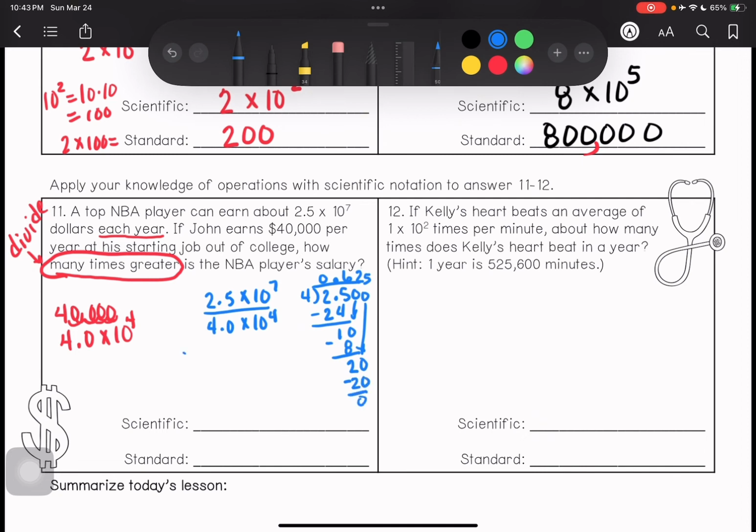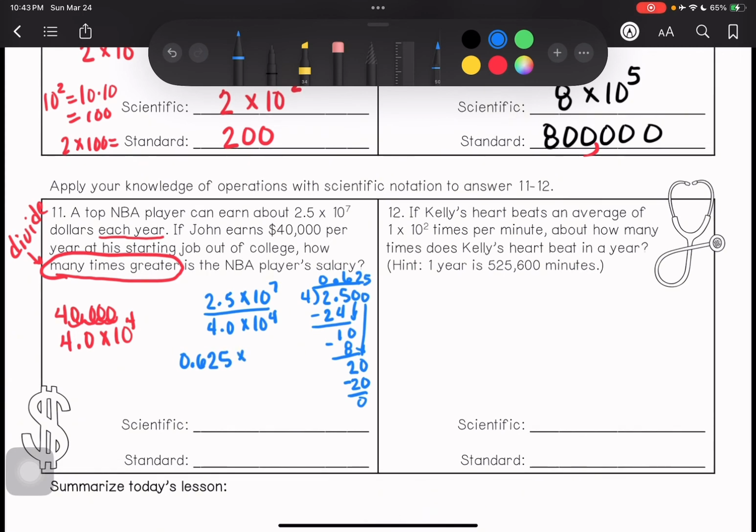So my decimal is 625 thousandths times 10 to the 7 minus 4. Because we kept the base, subtract the exponents. So this gives me 625 thousandths times 10 to the 3rd power. And this is not in scientific notation until we make this number larger by 1 and make this smaller by 1.